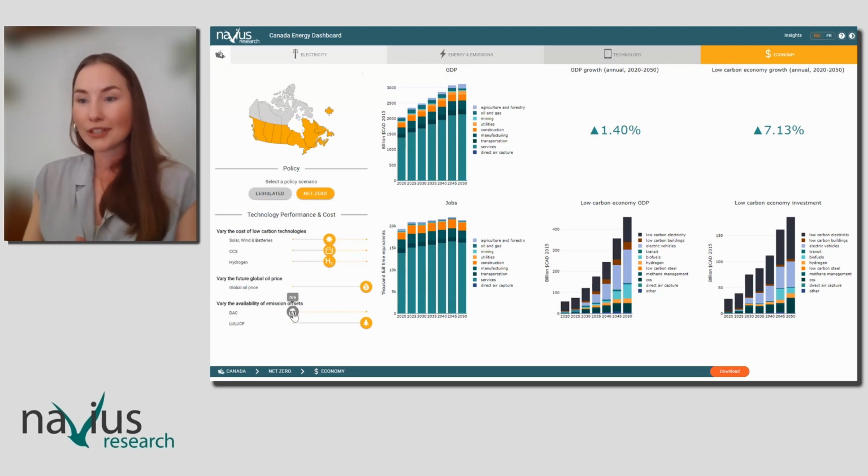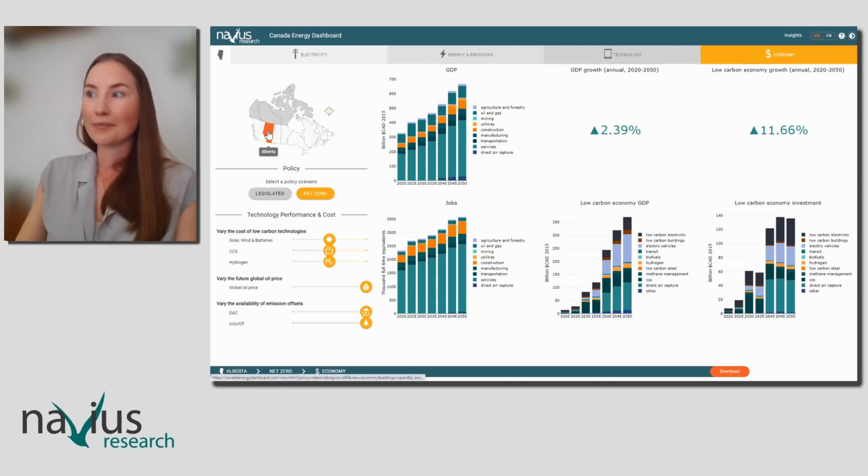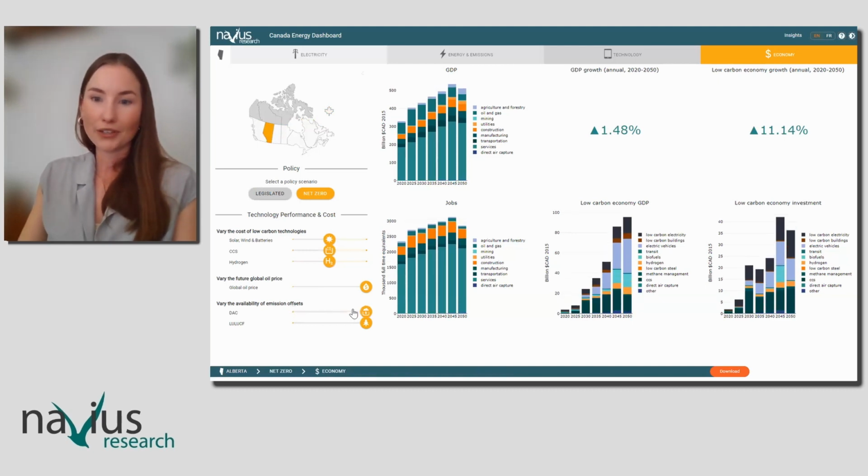Direct air capture is a technology that is not yet commercially available, but has the potential to transform our net zero economy by providing the ability to offset emissions by taking CO2 directly out of the atmosphere and storing it underground. If we turn this technology on here, we see a significant impact on economic growth in Canada in a net zero future. And we see that particularly in provinces like Alberta that are very well suited for direct air capture.